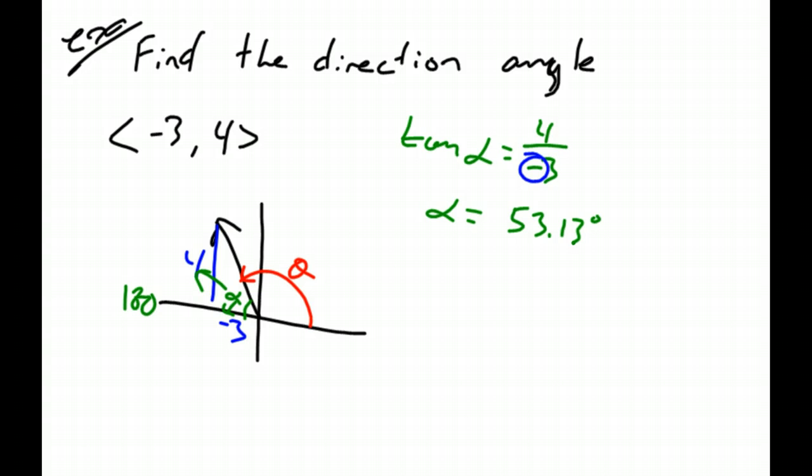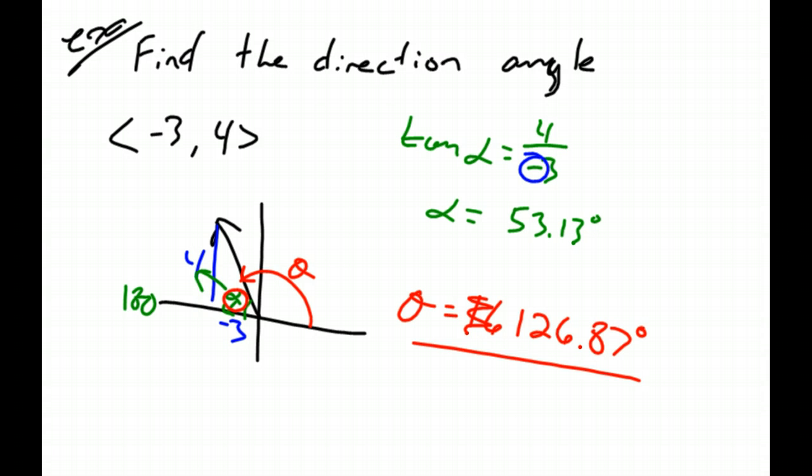For tangent inverse, that's in the 4th quadrant, so usually we would go down from 0, so yeah, it would be negative. But obviously, just looking at our picture, we want that to be a positive angle so that we can do 180 minus it. Okay, so then in doing 180 minus that angle, you're going to come out with 126.87 degrees. And there will be your direction angle of your vector.